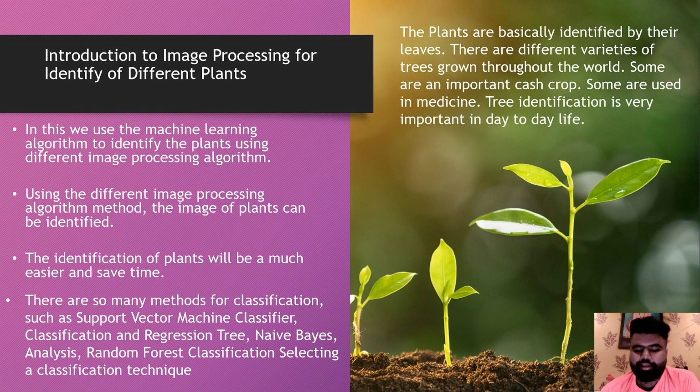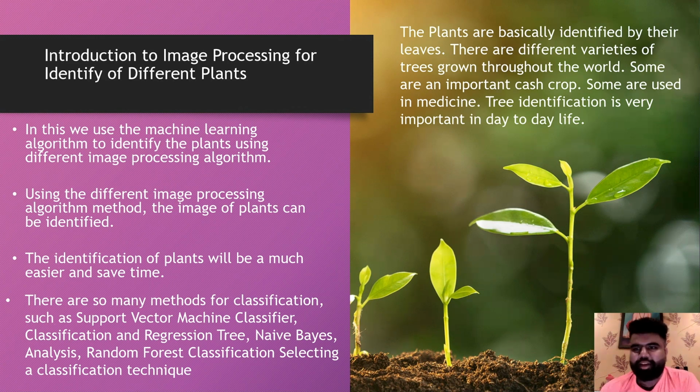This can be done by classification of the plant species using different machine learning algorithms. The process involves reviewing multiple image processing methods using machine learning to identify multiple plants using leaf features in the form of an image. So in this we use machine learning algorithms to identify the plants using different image processing algorithms.